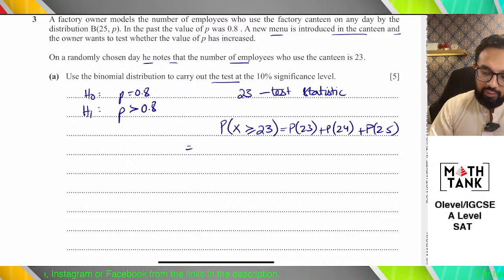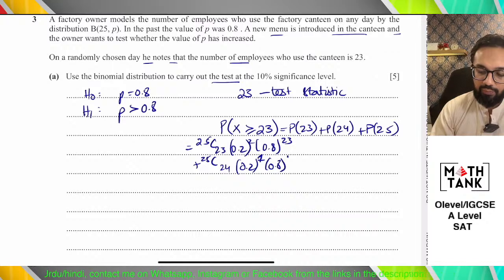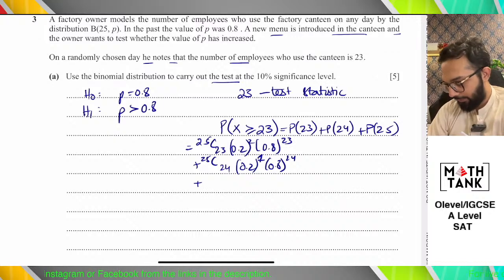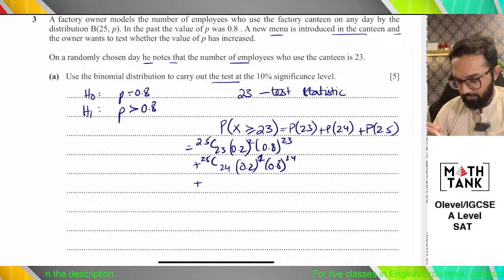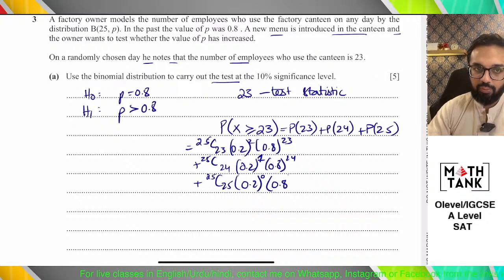Okay, so writing these down first: 25C23 times 0.2 squared times 0.8^23, plus 25C24 times 0.2 times 0.8^24, plus 25C25 times 0.2^25.